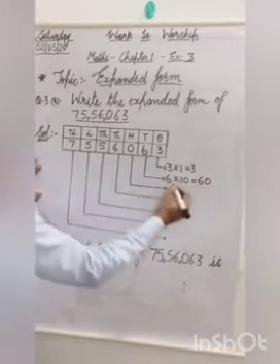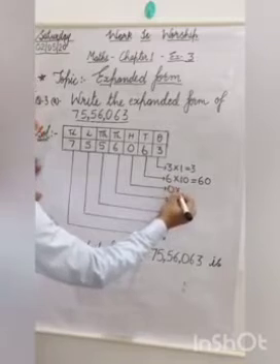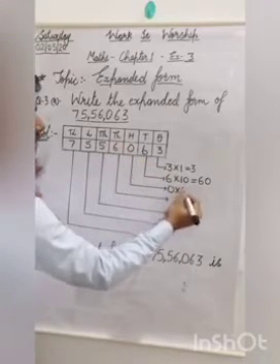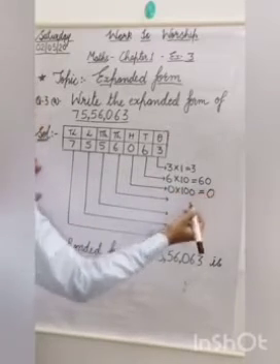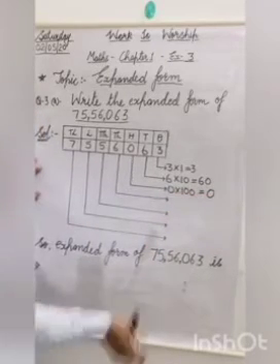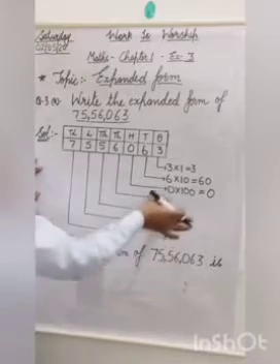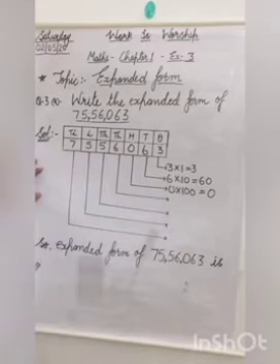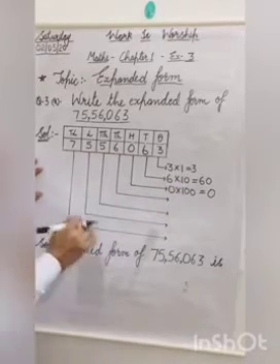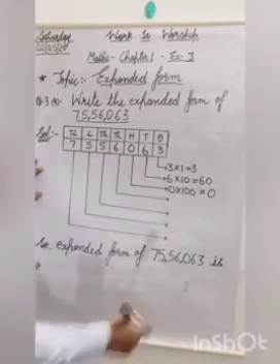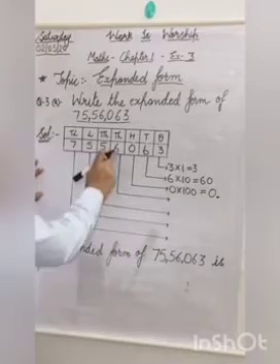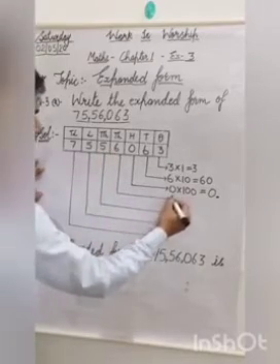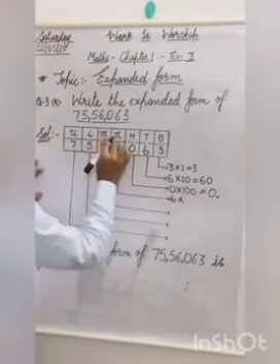Now third is 0, it occupies the 100 place, so 0 into 100 is 0, because when we multiply any number with 0 or when we multiply 0 with any other number, the product is always 0.